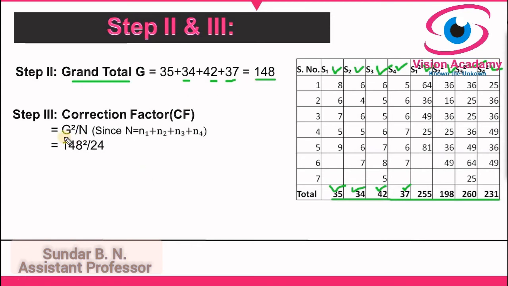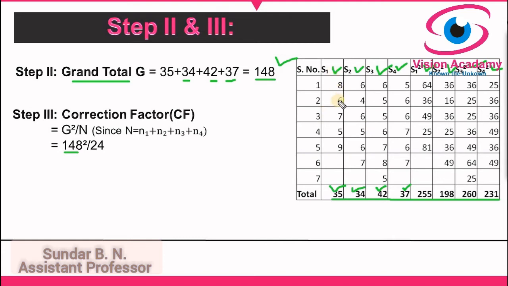You know that G is 148 here. I have taken it directly, since we have to make a square first, I have given a square here, and n1 plus n2 plus n3 plus n4 is 24. You will see how it is. That is what I am attempting in this video, because we have different sample sizes in this example.